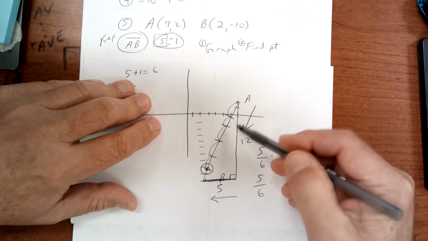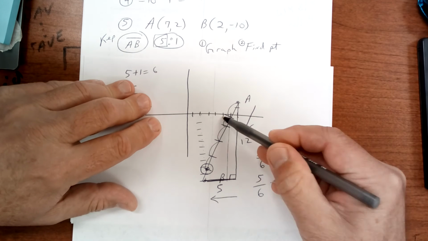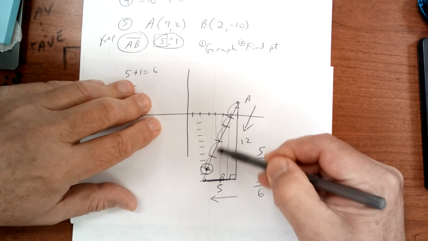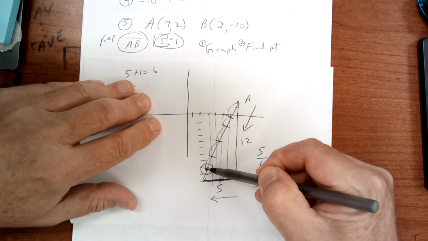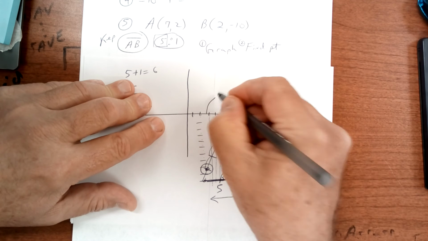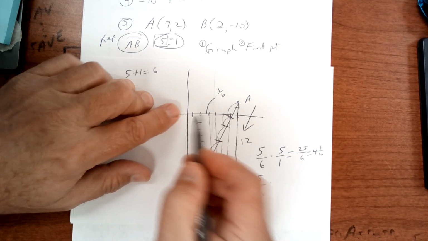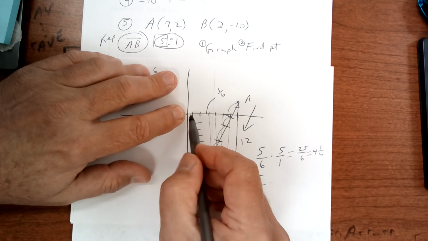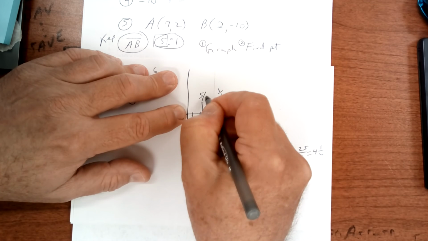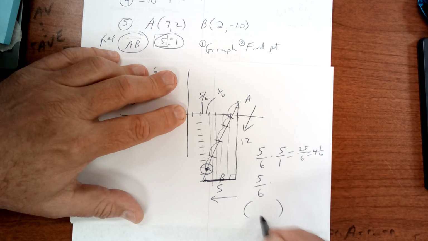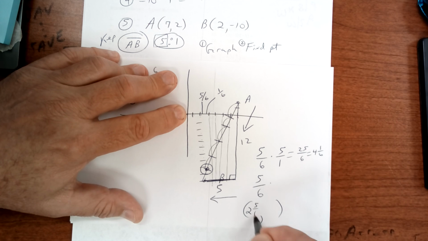So that's going to be 1, 2, 3, 4, and then 1/6 of another one. So it's 1/6 right here. But you're starting from the origin, so it's going to be over 2 and 5/6. Okay, that's right. So it's going to be 2 and 5 over 6 should be correct.